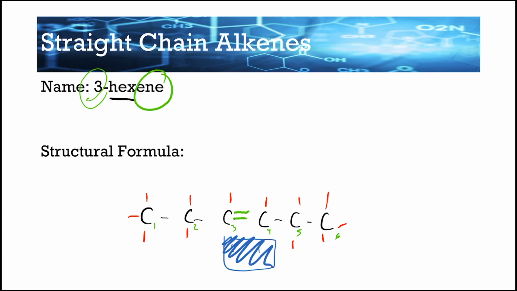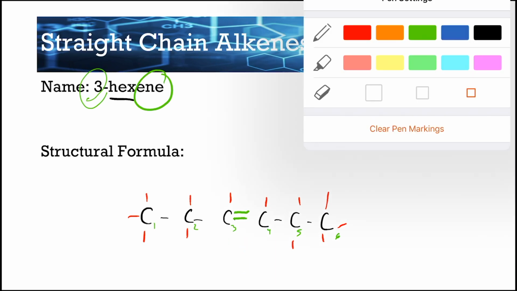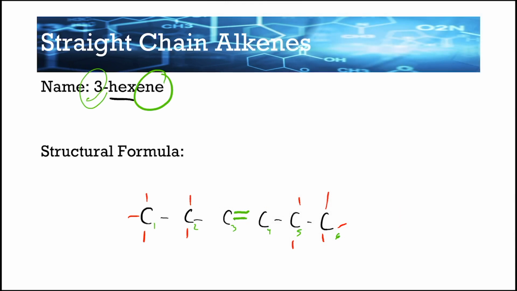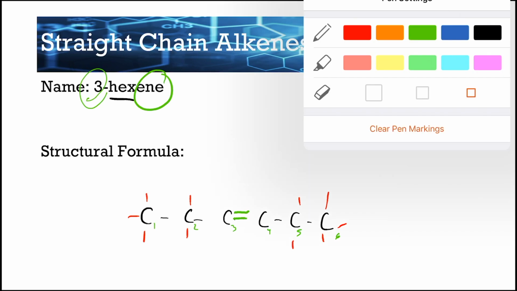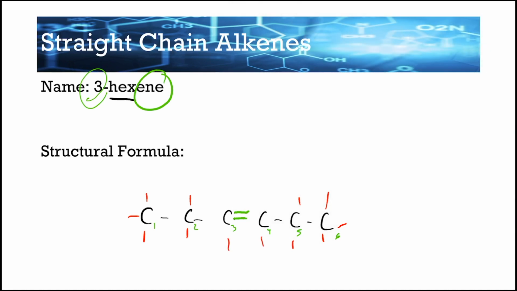Because there is the potential for room for these extra H's to attach, but right now the bonds are being used in other locations. So it's okay if you have this little empty section. That is totally normal. And again, if you drew it like that, that is fine. If you put your extra H's on the bottom, that is fine too. That literally does not change anything.